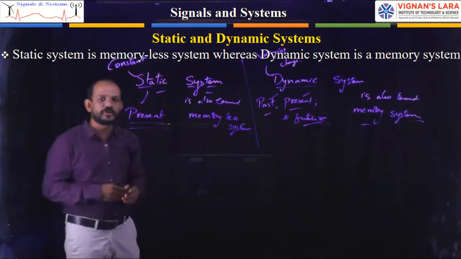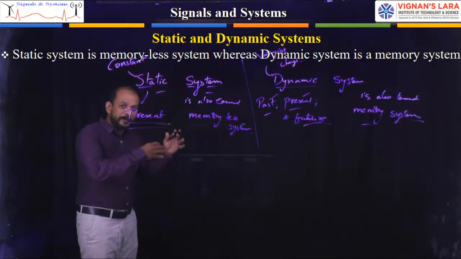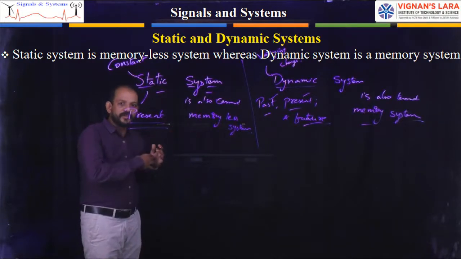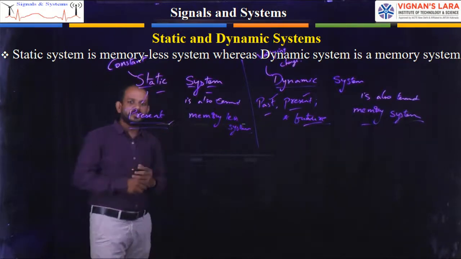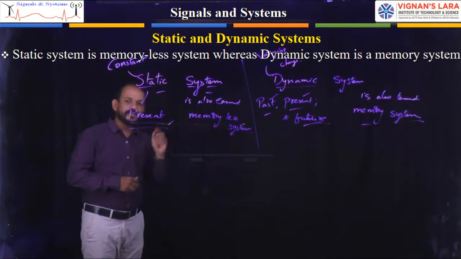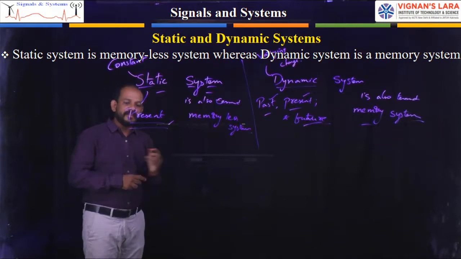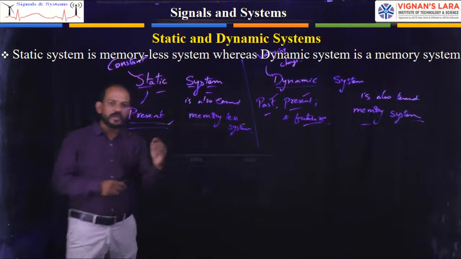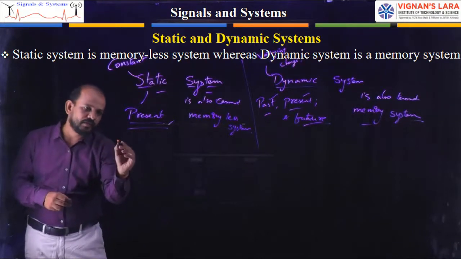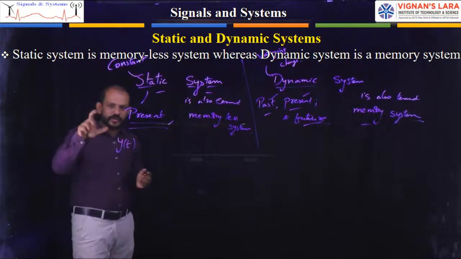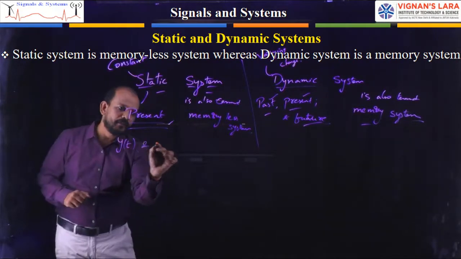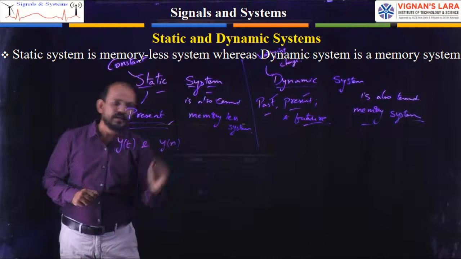If the output depends only on the present input, then we can say that the system is a static system. How will you represent the output? The output is represented with y of t for continuous and y of n for discrete.